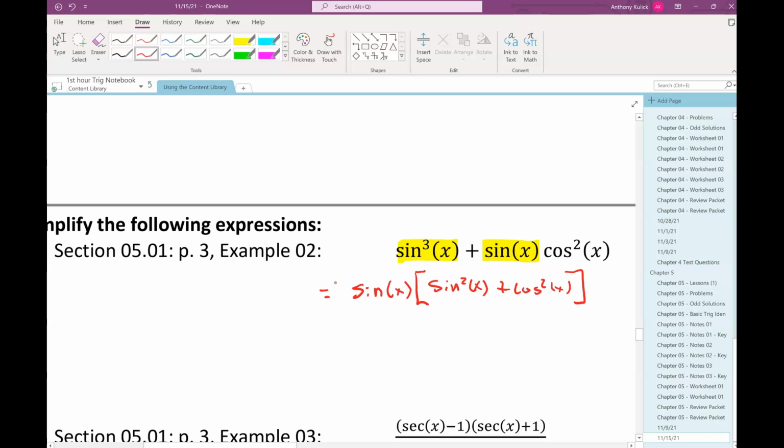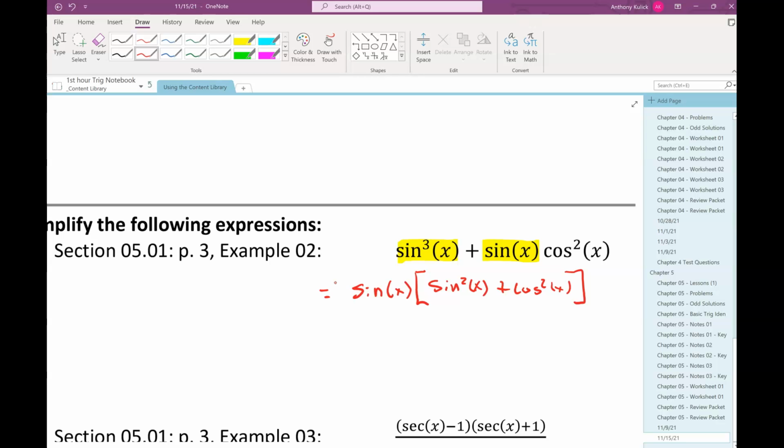Everybody agree with what we did there? Is there any other algebraic thing I could do here now that we've done this? Not really, right? I mean, we could distribute the sine back through, but what does that do? It takes us right back to where we started. Why would we do that?